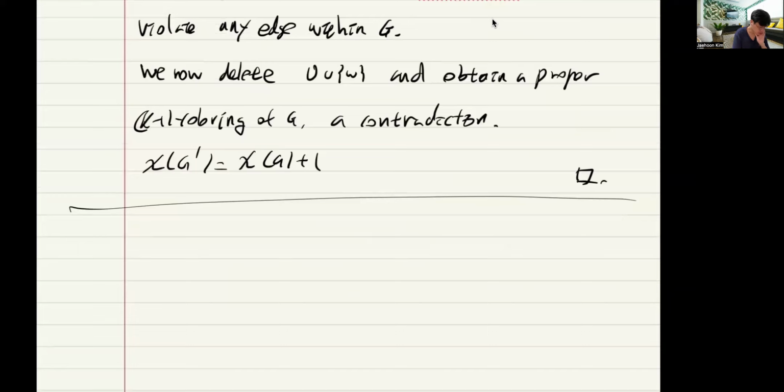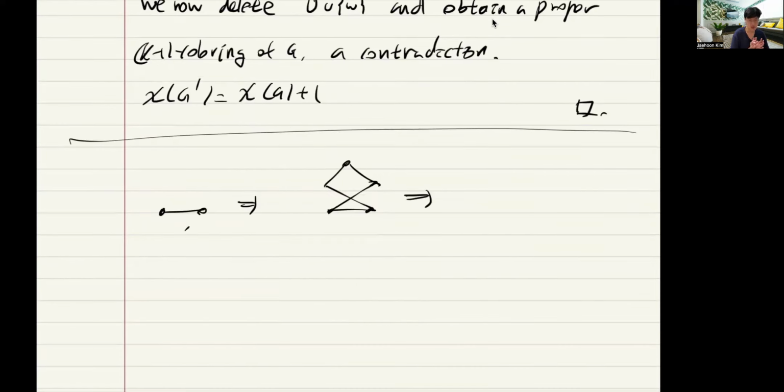So you start from, say, C5, and then you do this operation, and you get the next graph, and every time your number of vertices becomes double plus 1.